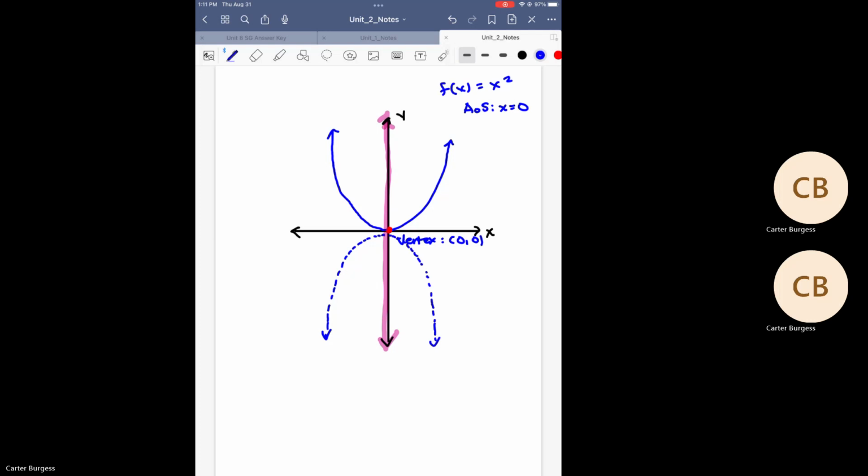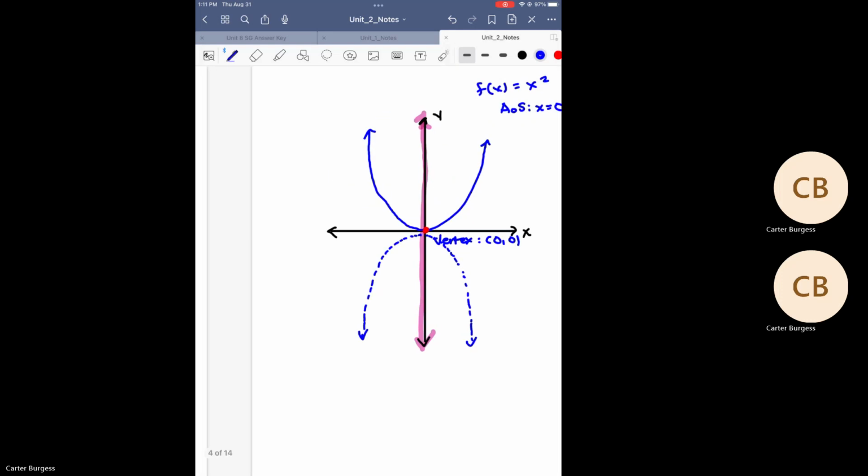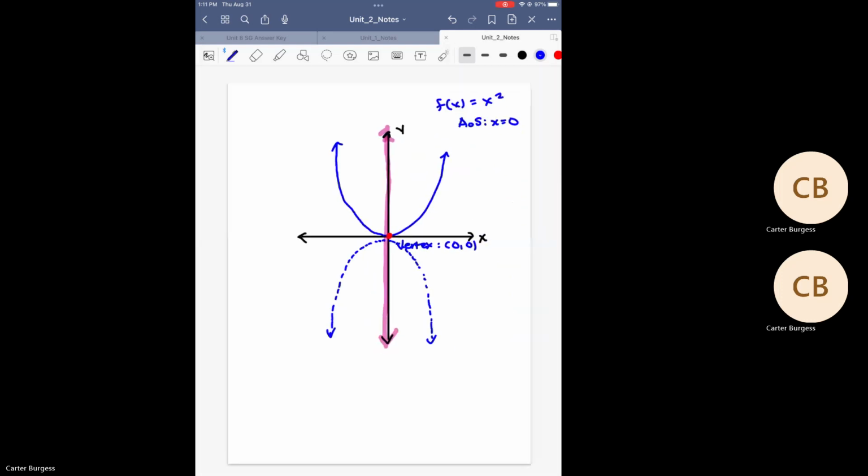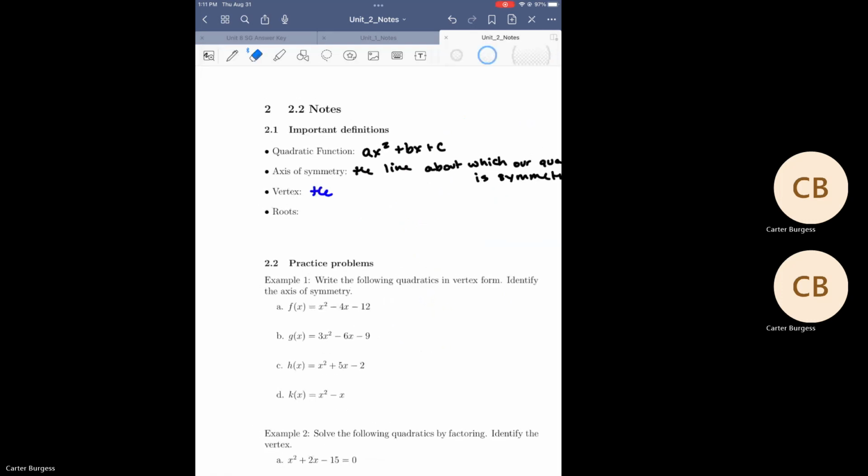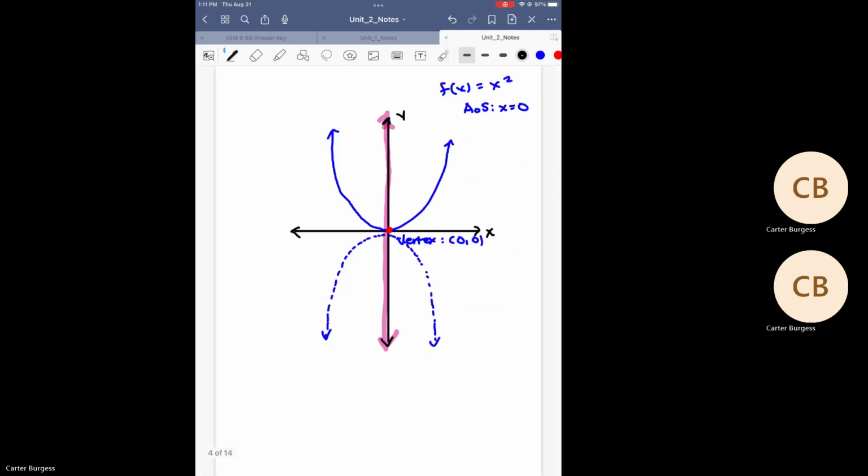But either way, what we are looking at is this value at which our function is either minimized or maximized, which we can think of as the center of our function. Now, in this case, our center is 0, 0.